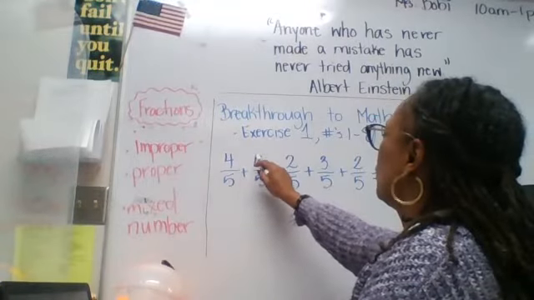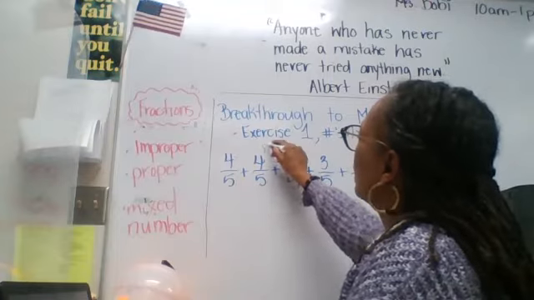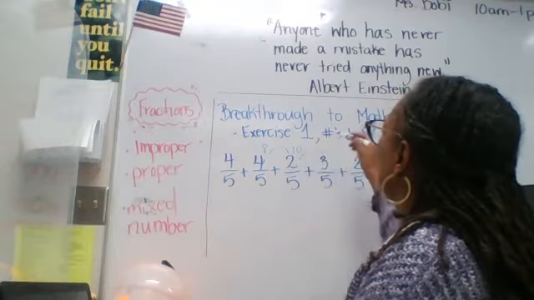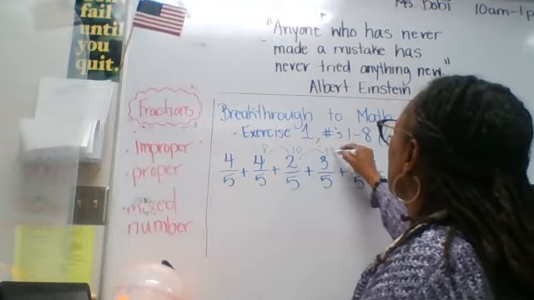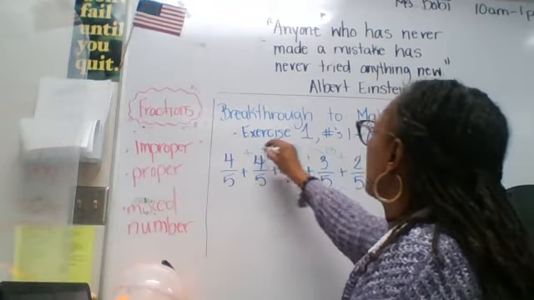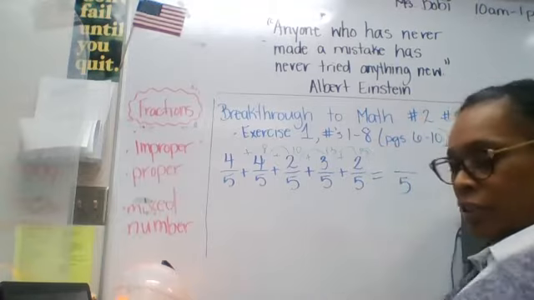So 4 plus 4 is 8. 8 plus 2 is 10. 10 plus 3 is 13. 13, these are pluses, right? 13 plus 2 is 15. Right.